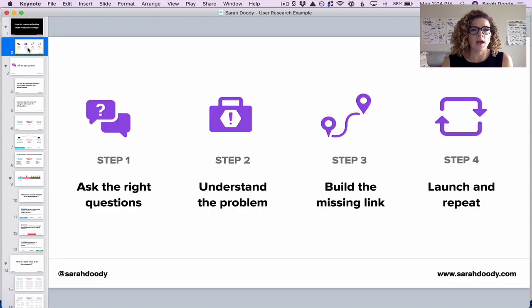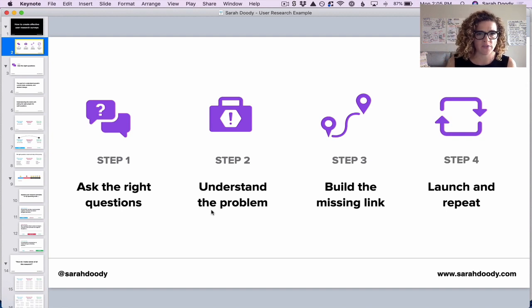Okay, so how do we create a survey? There's really 4 steps to understanding the problem and figuring out if you're on the right track. So the first thing we need to do is to ask the right questions and understand the problem, which we are going to go into detail today. Steps 3 and 4 are what you would do after you have the research done.